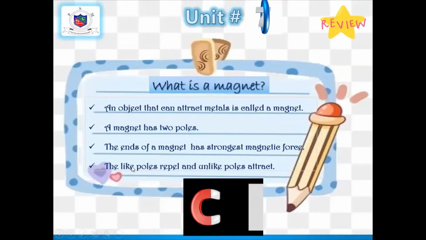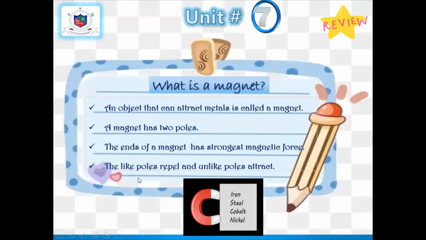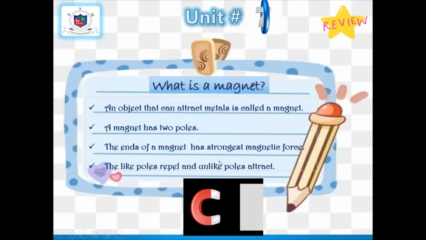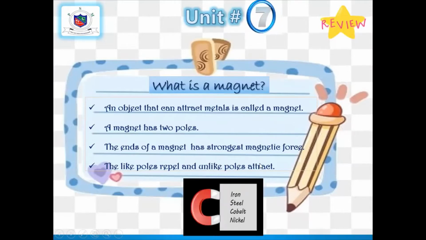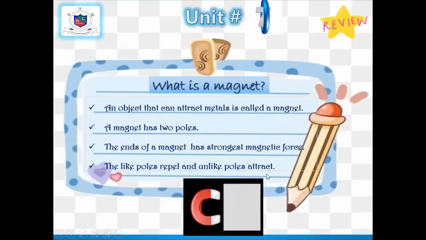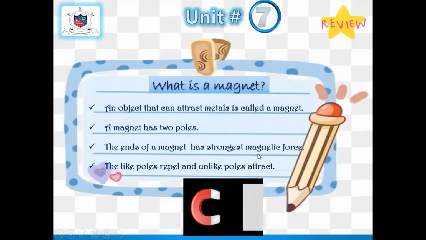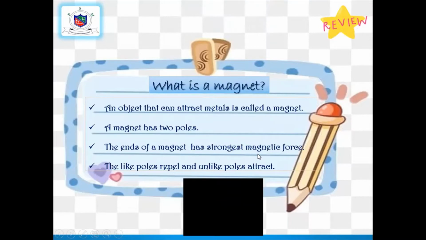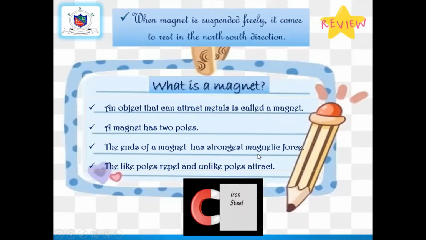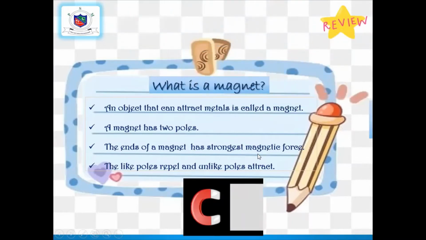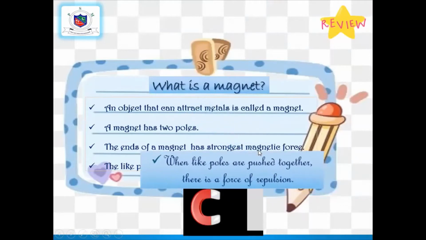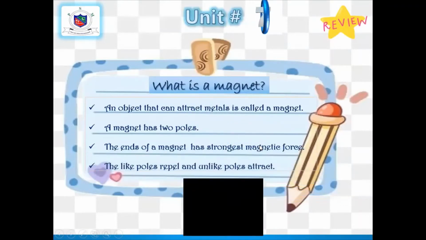Same poles, north to north, south to south, move away from each other, and unlike poles, north to south or south to north, have attractive force, they move towards each other. Don't forget these very important points, students.